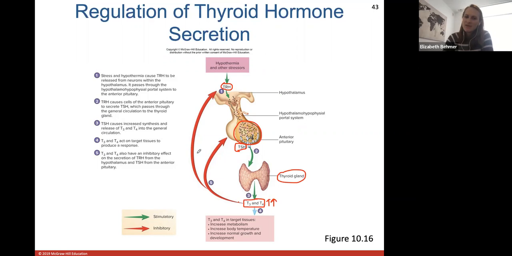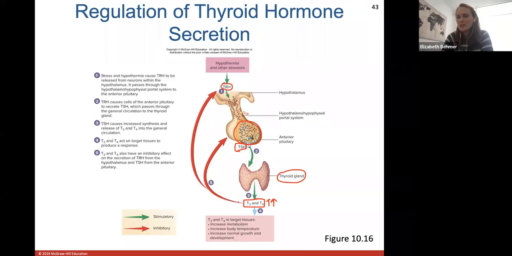Those levels of thyroid hormones then go on and turn off production of TRH and TSH from your hypothalamus and anterior pituitary. So the thyroid hormones themselves will regulate the control of more being secreted, because once the level of thyroid hormone reaches its normal homeostatic range, that in turn turns off production of these control hormones that will act on it.